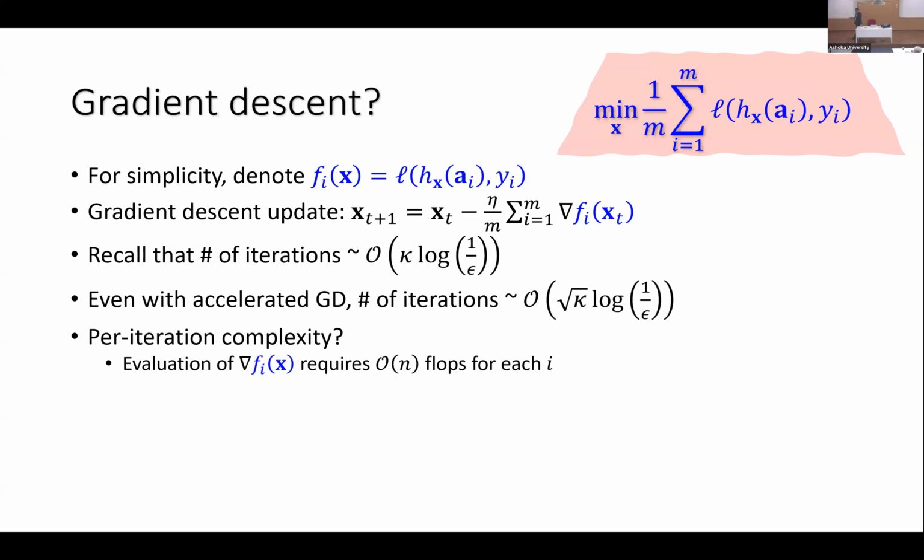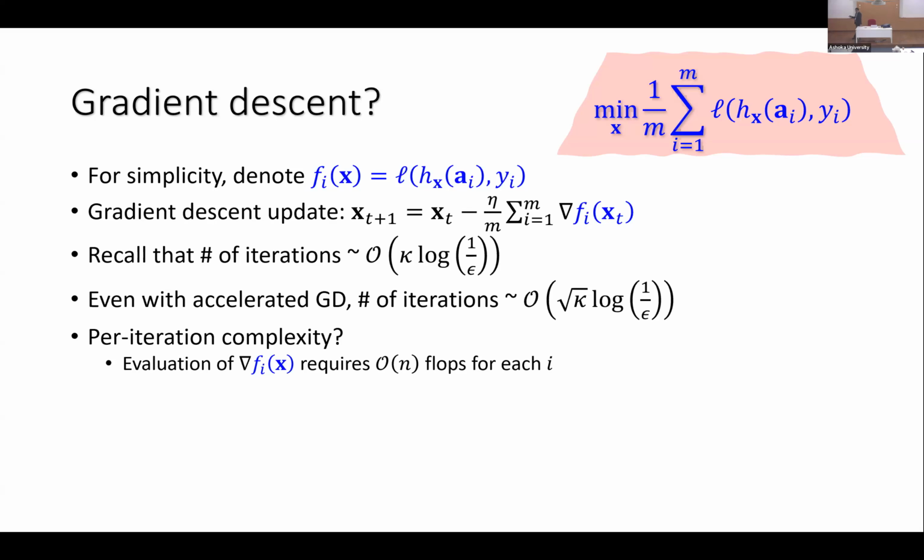If I run gradient descent like this, what is the complexity of every iteration? You can see that you need to calculate the gradient, which will take at least order n, right? It could take more, but at least order n because each entry has to be ultimately calculated. So order n. Does everyone know of this term, flops, floating point operations?